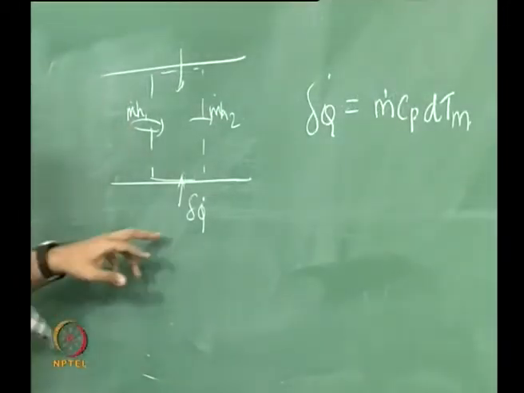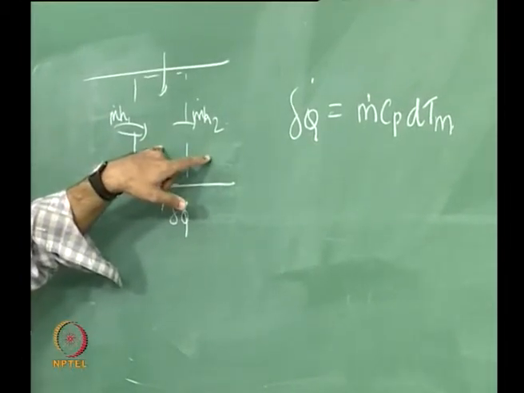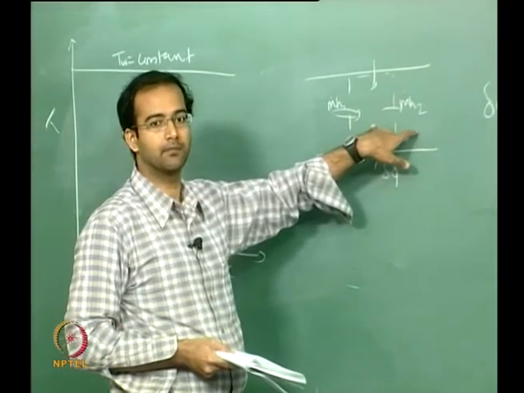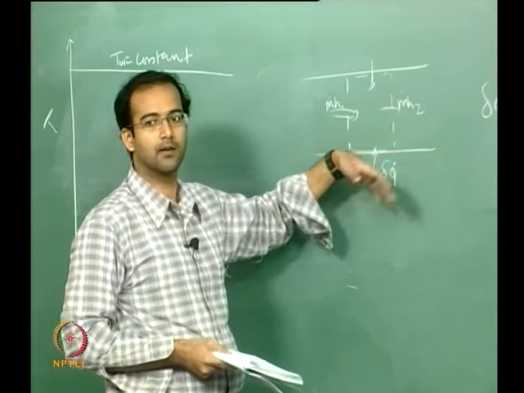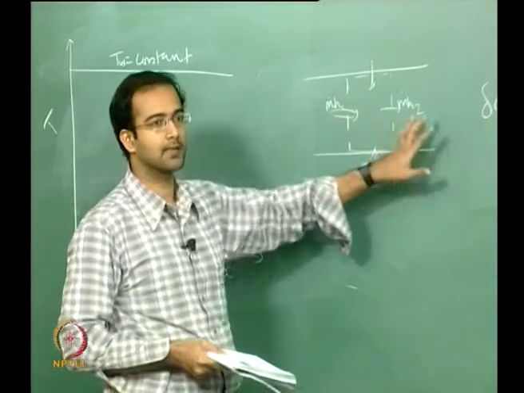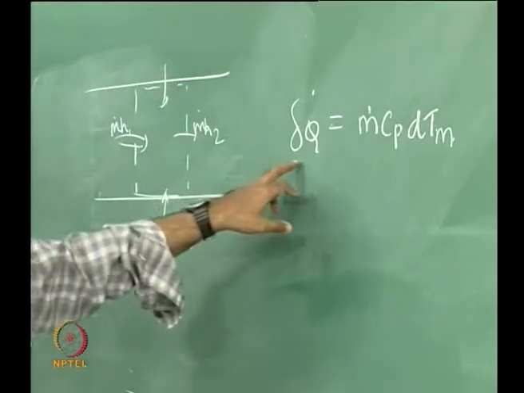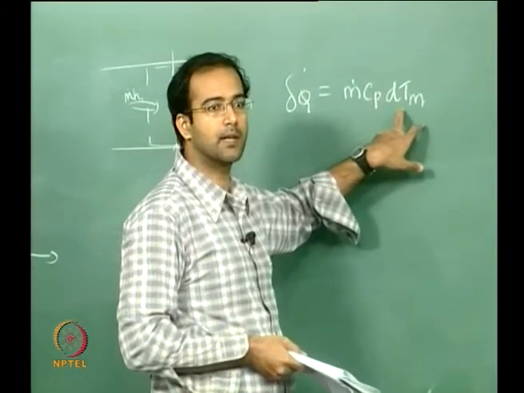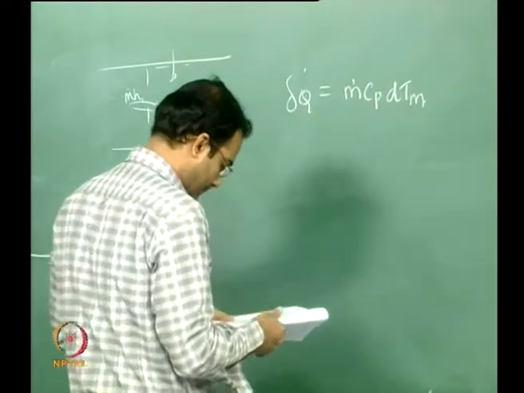That is, del Q is equal to m dot into dH, and dH corresponds to Cp into dTm, because this enthalpy is the mean or bulk mean enthalpy that I am talking about. So for the given heat transfer this is the corresponding change in the enthalpy of the fluid, and I can relate my differential amount of heat input to the change in the mean temperature corresponding to the change in the enthalpy. So this is the starting point of the energy balance.